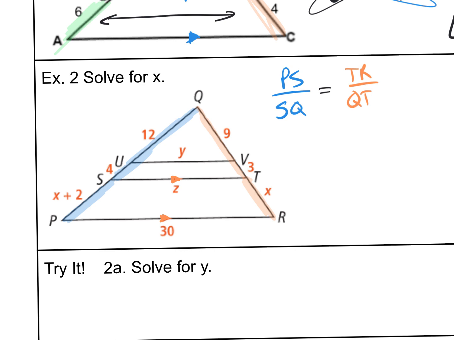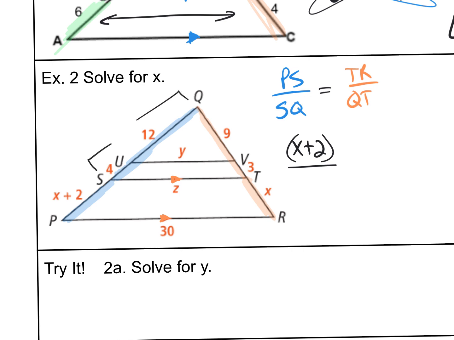So there we have our proportion where we can go fill in the values and use that to solve for X. To set it up, PS was a distance of X plus 2. Anytime you have an expression, I would encourage you to go ahead and throw some parentheses around that so you recognize that those things are connected. On the bottom, SQ. If we want the total distance from S to Q, we want to make sure we're adding those two pieces.